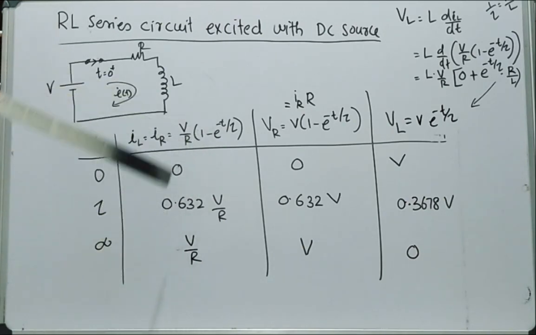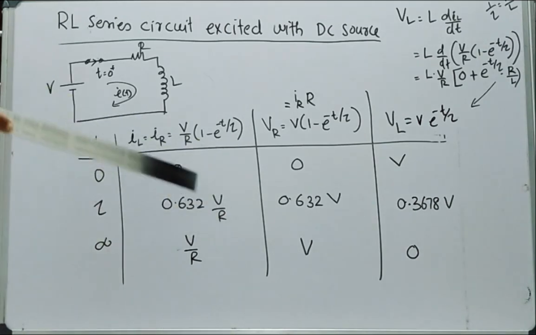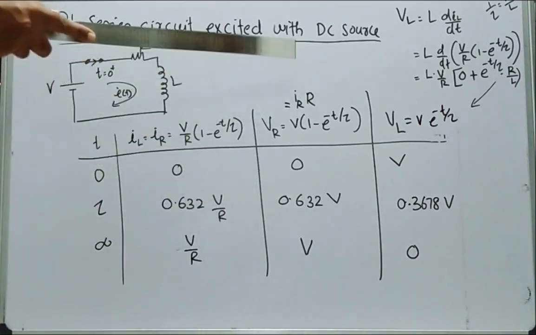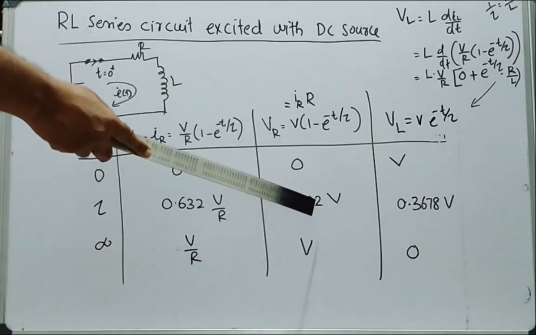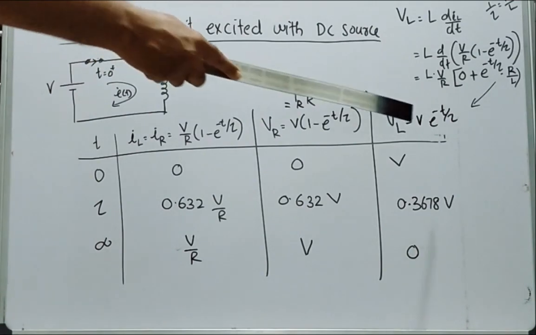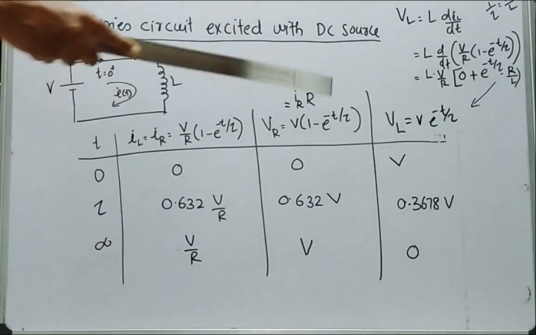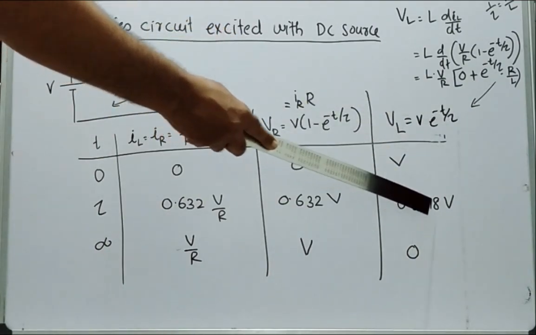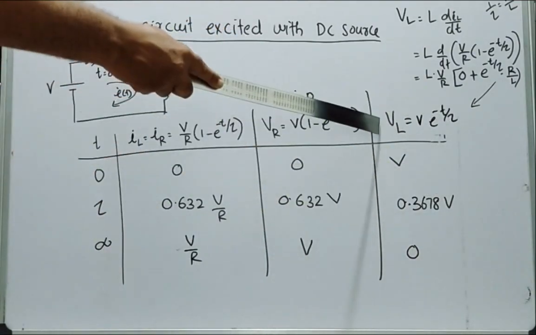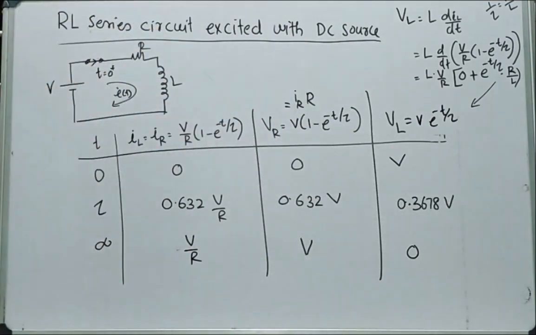Therefore, this equation becomes 0.632 V by R. Similarly, corresponding to VR, the equation becomes 0.632 times V. In this case, e raised to minus 1 into V. E raised to minus 1 is coming as 0.3678. Therefore, VL is equal to 0.3678 V.